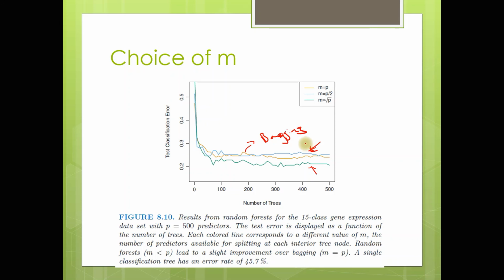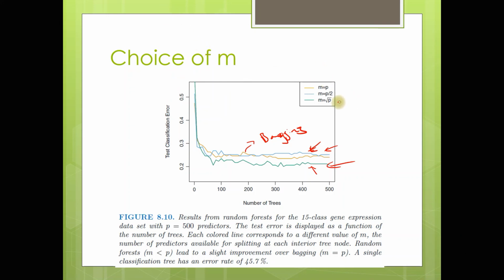When you're using P divided by 2 for a classification problem, you see that the test error is relatively high, even higher than bagging. But when M is taken as the root of P, the test error, the classification error rate, goes even lower.